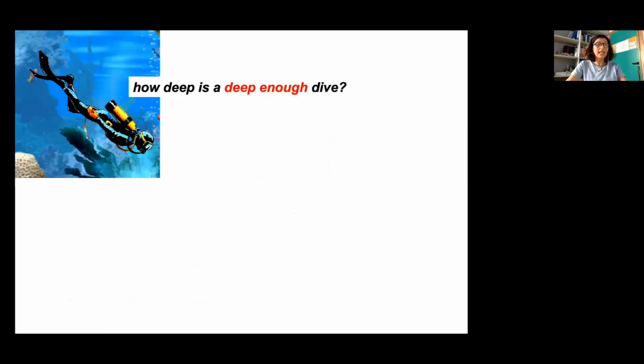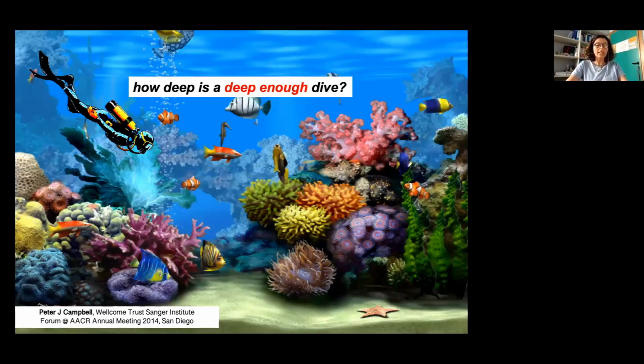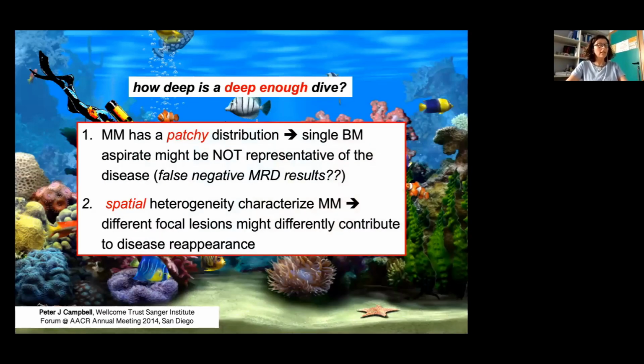Similarly, MRD negative results might hide unexpected dangers, especially remembering that multiple myeloma has a patchy distribution and that false negative results might happen. Moreover, myeloma has a spatial heterogeneity. Therefore, different focal lesions might carry different prognostic factors and therefore might differentially contribute to the disease reappearance.